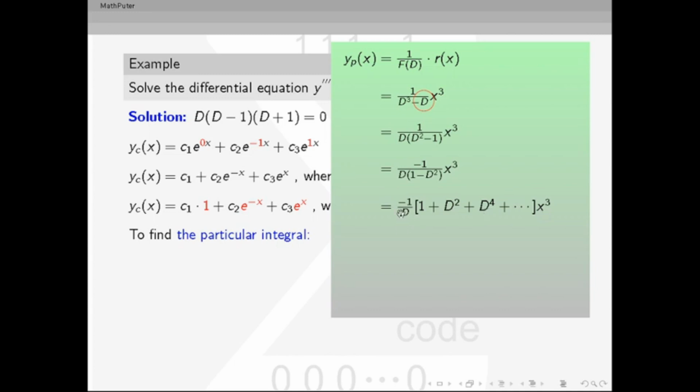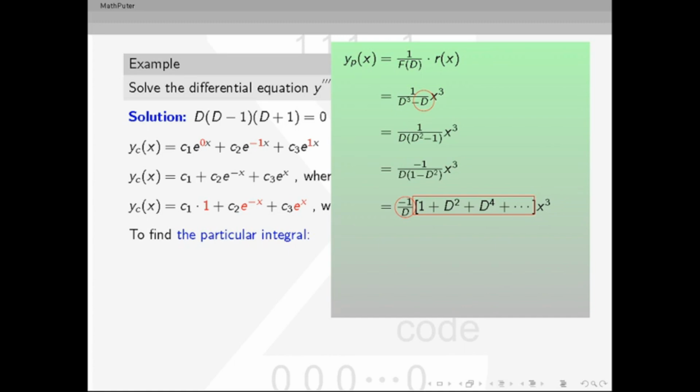Yes, so here what is happening? See, in the last two examples we had only the bracket term and we applied all these derivatives to the polynomial, but here we have two terms. One is minus 1 upon D and another one is 1 plus D square plus D raised to 4.